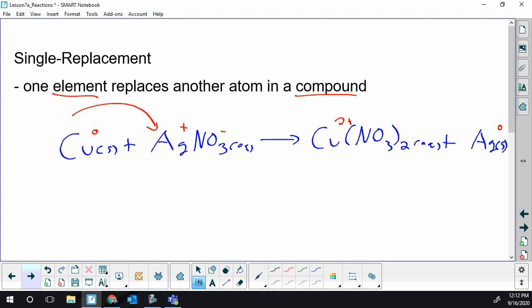In 2 years from now, in Chemistry 30, we study these reactions in our redox or our battery unit. I want to mention it now, but we're not going to dive into the electron change. But this copper started with 0, started neutral, and ends up +2. The copper lost 2 electrons. 0 becoming +2.